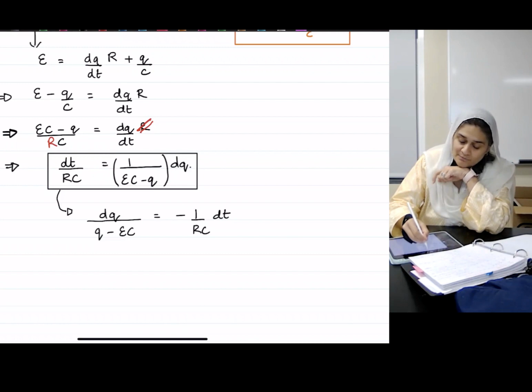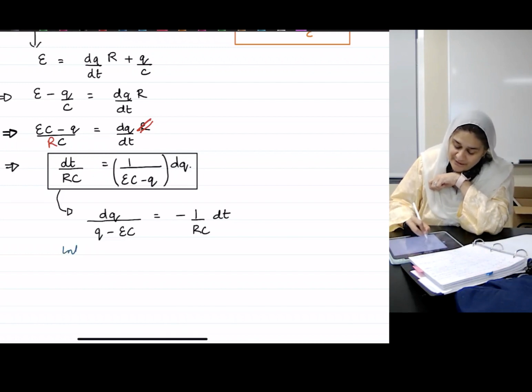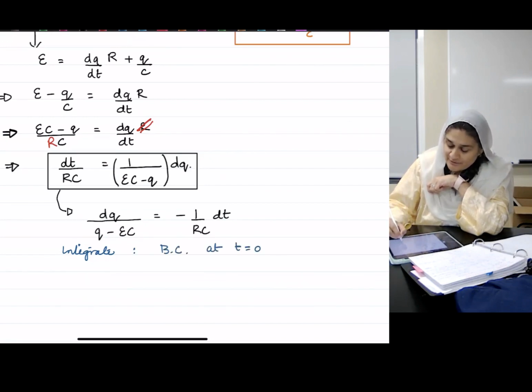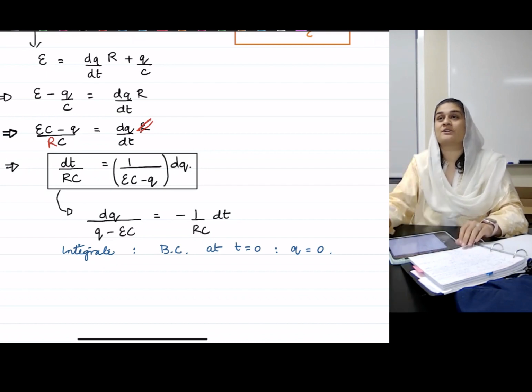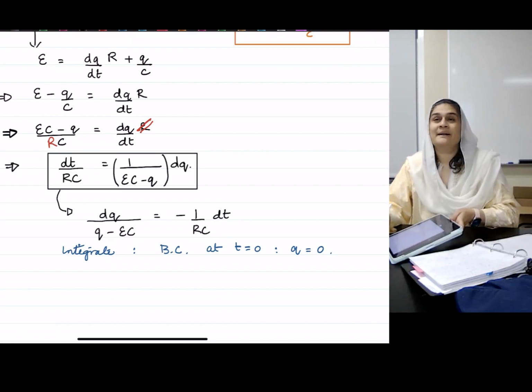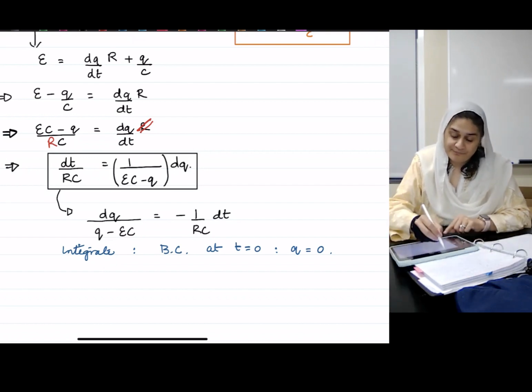May I now be allowed to integrate under boundary conditions that at t equals 0, the charge equals 0? That's when the switch is first closed. So what will my integration look like?